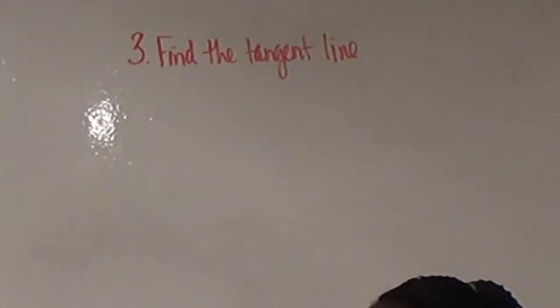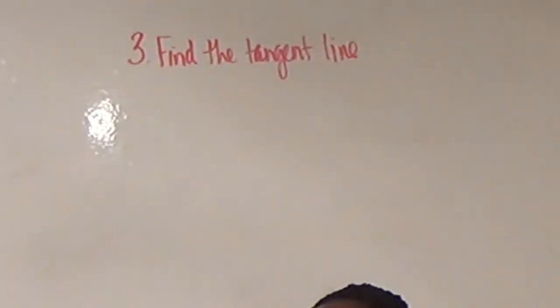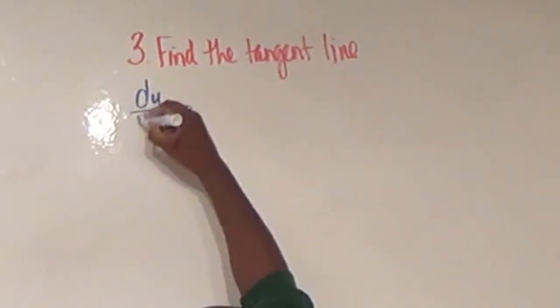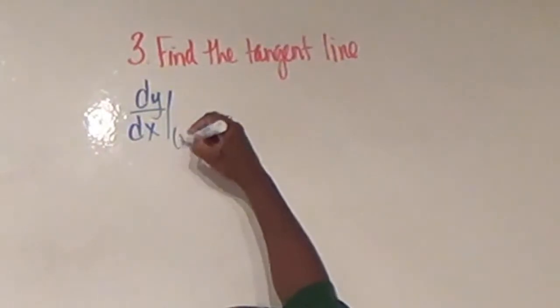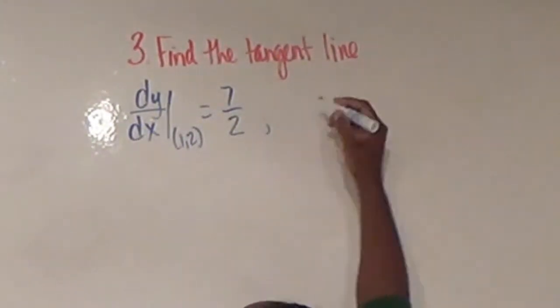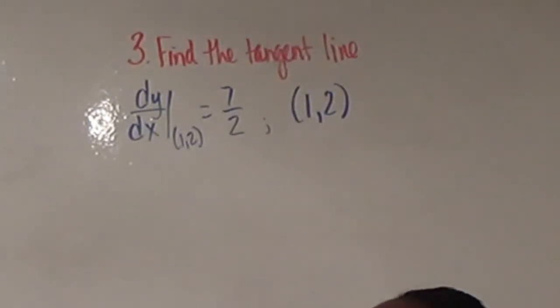Okay, so here, to find an equation of a line, in this case, in particular the tangent line, I always need two things. I need the slope and I need the point. So here we know our slope, so dy/dx at the point (1, 2) is going to be 7/2, and we know our point is (1, 2).